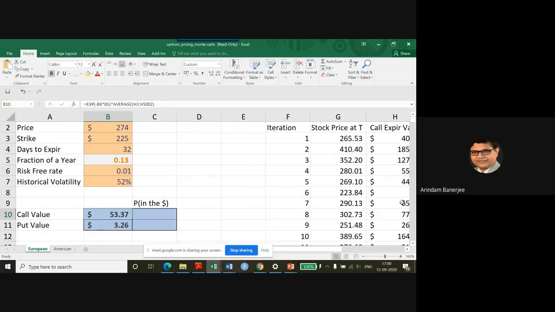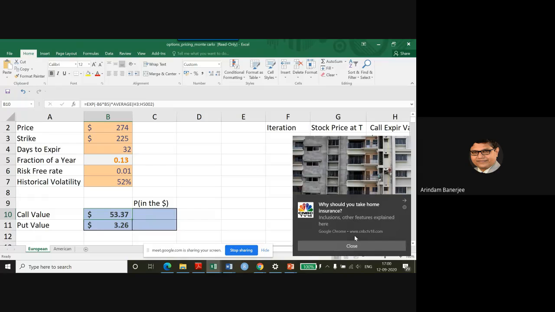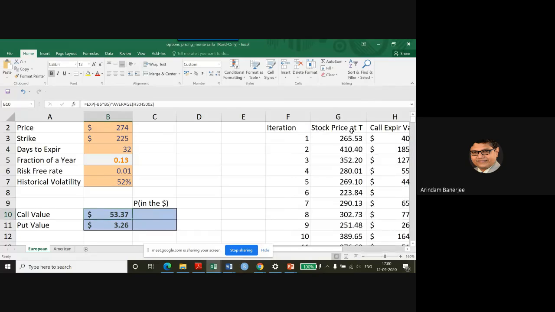This is the same formula which we used earlier. These are the possible call expiry values, and I am taking the present value of that. This is going to happen on the expiry date. This iteration I am doing for the expiry date. Fine.